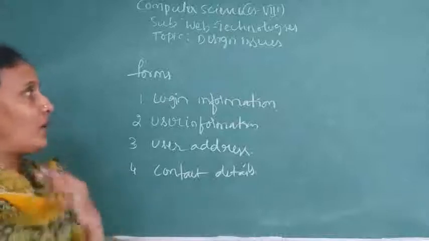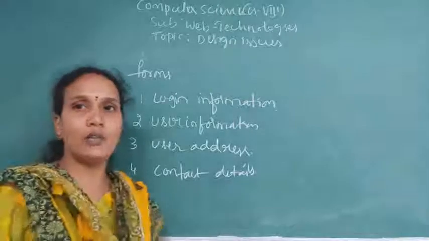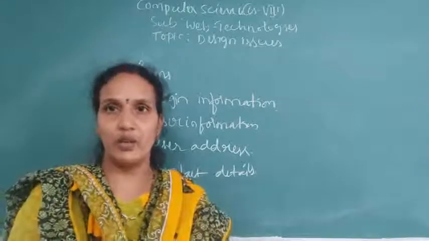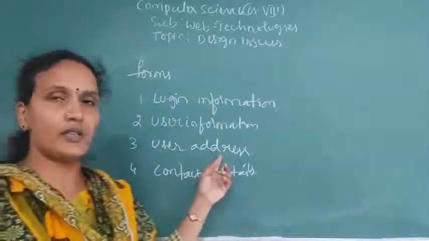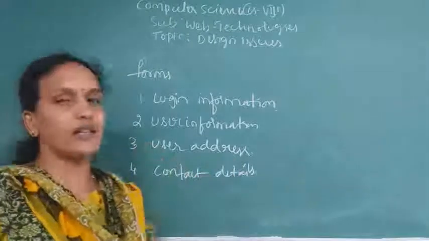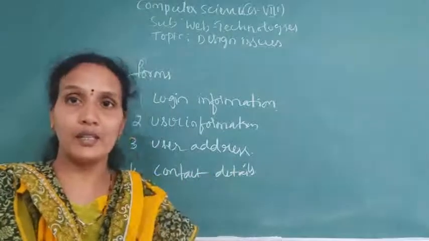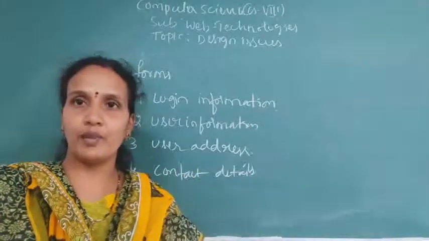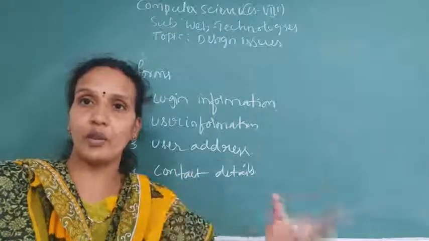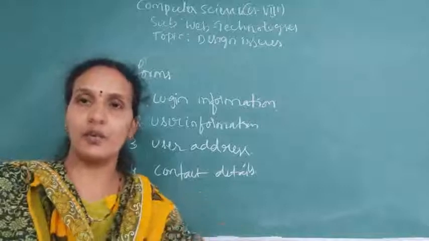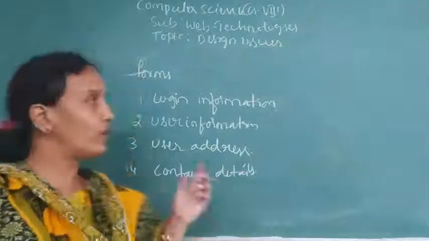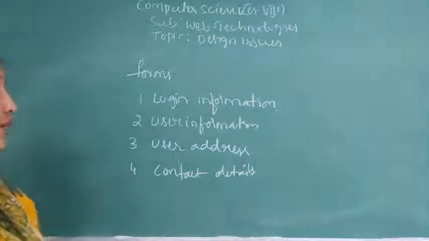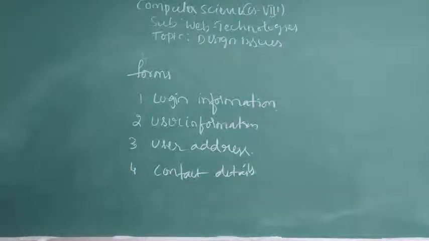After taking the login information, next we take the name of the user and extra information, like where he is working. The next one is the user address. The last one is the contact details, like phone number and address. Such things you need to give on the form, so that whatever information you get from a user, you will know everything about the user: who the user is, for what purpose he visited. Everything you can find out when you are designing a form on the browser window.